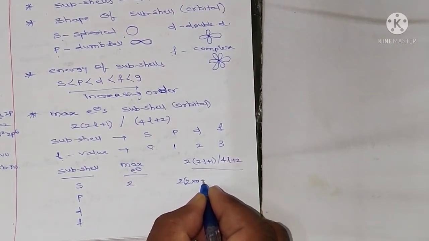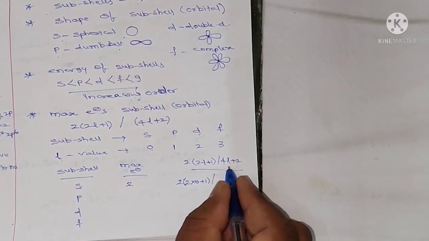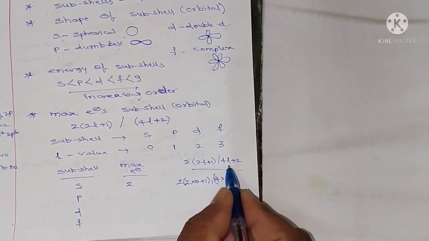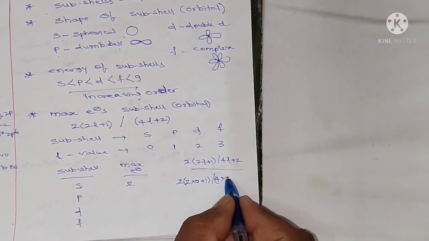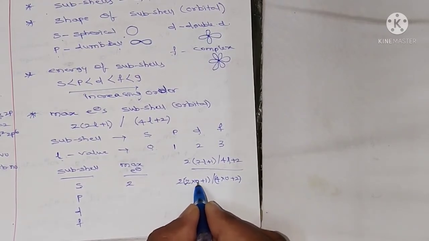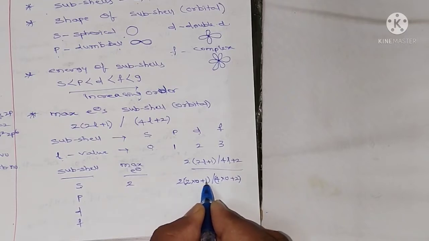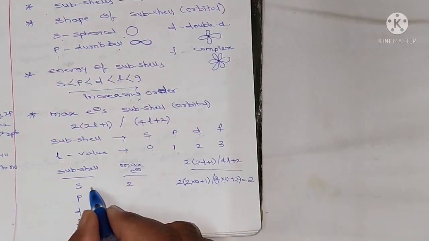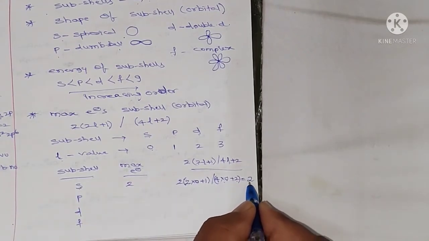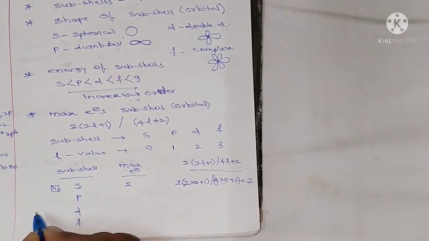So 2 into 2 into 0 plus 1, or 4 into 0 plus 2. 2 into 0 is 0, so 0 into 2 is 0. So the maximum number of electrons present in the s orbital is 2. So let me take here s orbital 2 electrons.